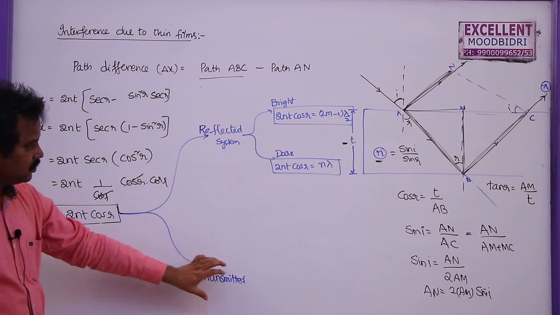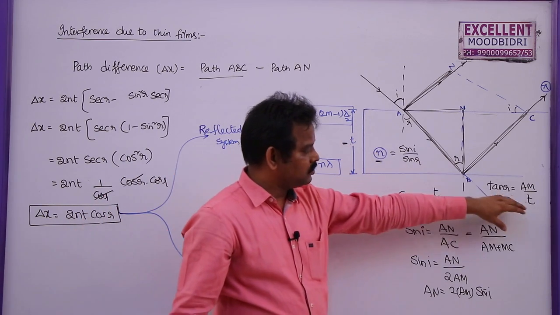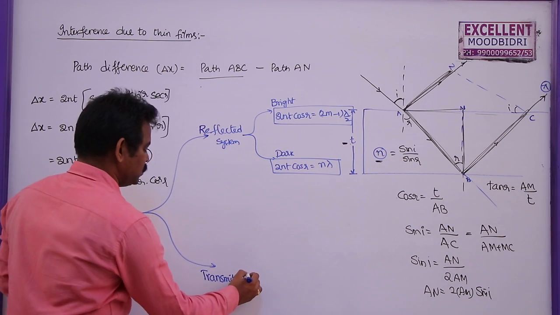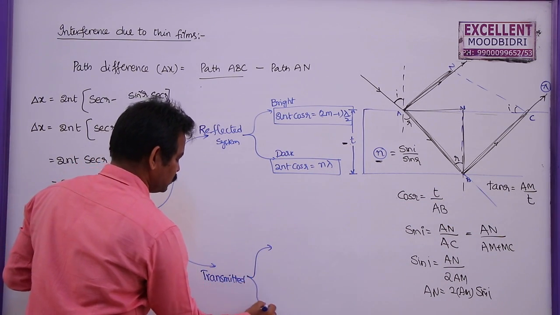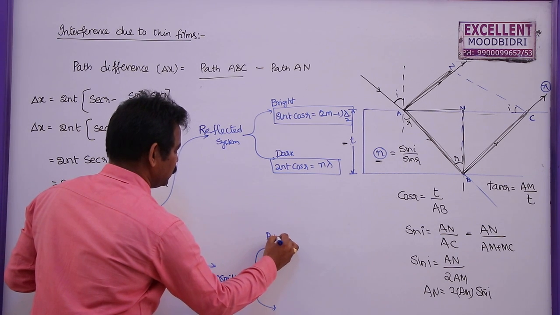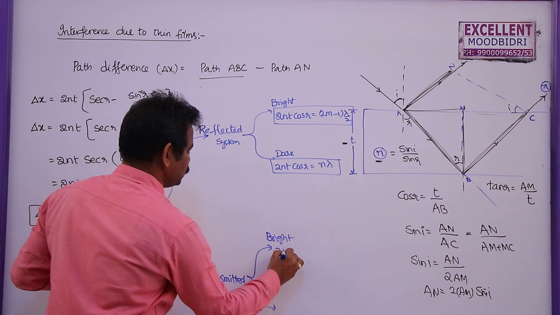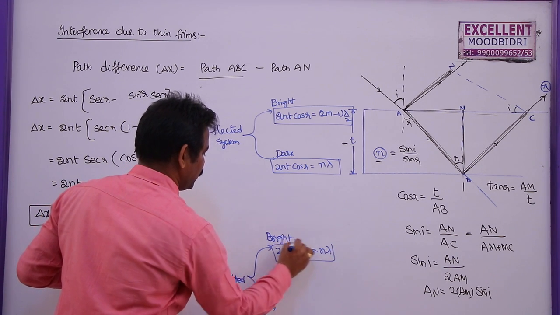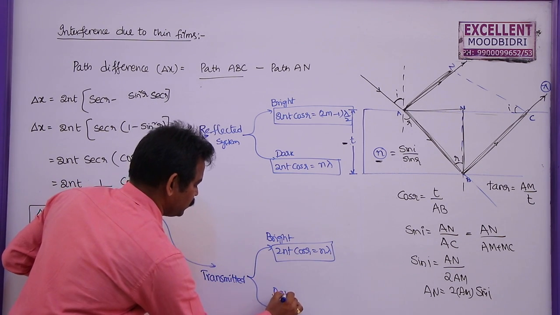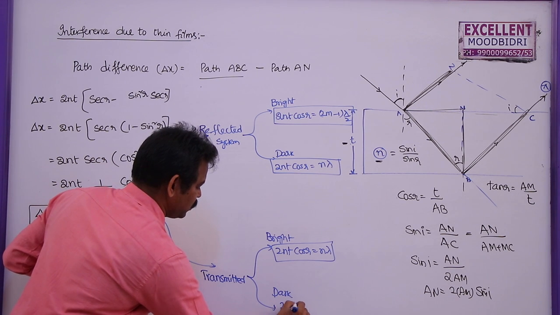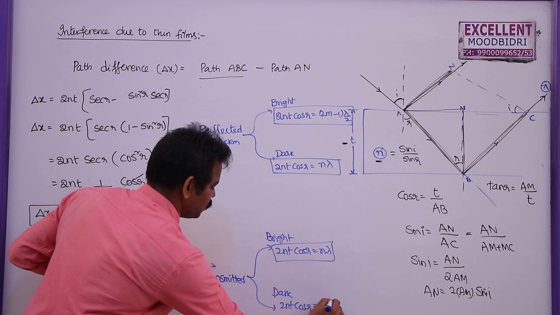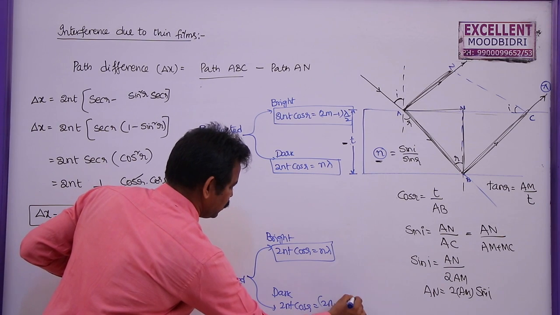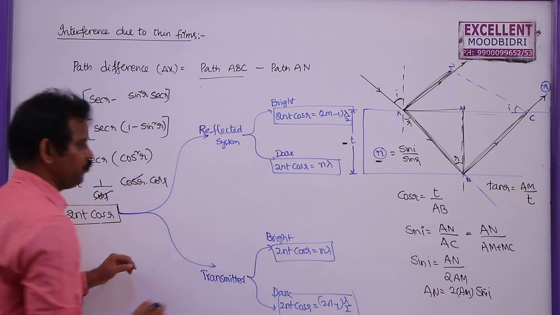But for transmitted system, as there is no phase change here, we can use directly the general equations. For bright fringe, this is n lambda, that is 2nt cos r is equal to n lambda. And for dark fringe, this is 2nt cos r is equal to 2n minus 1 into lambda by 2.